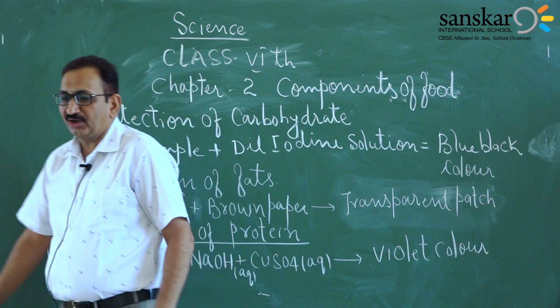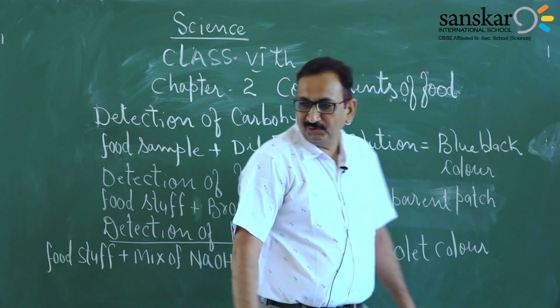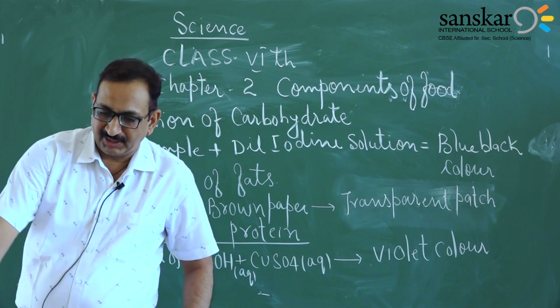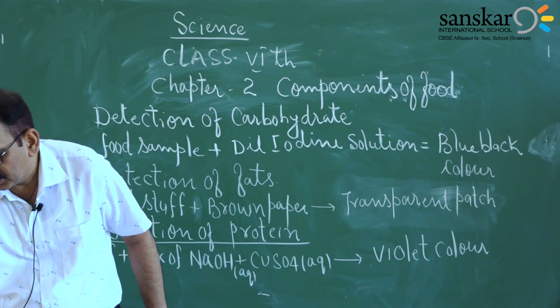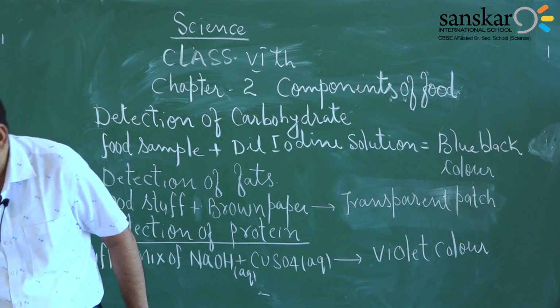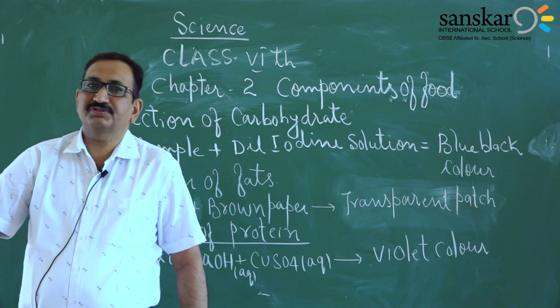So students, today I have brought all the equipment. I am ready with all the equipment. You can see here the flask, this is the wash bottle, this is the dilute iodine solution, here I have copper sulfate and here I have sodium hydroxide.